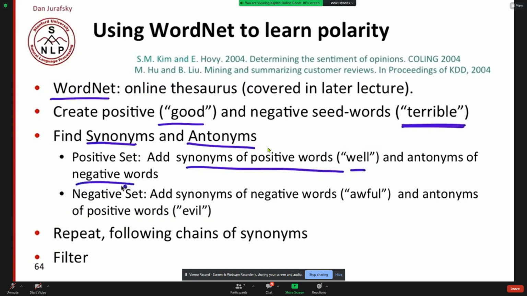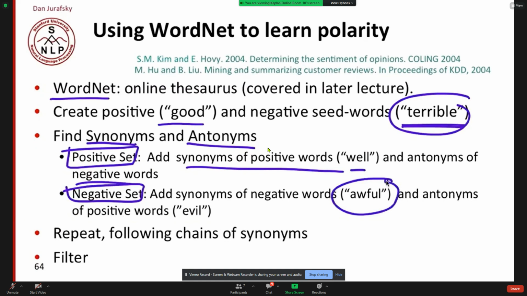So we add synonyms of positive words like well and antonyms of negative words to the positive set. Synonyms of all those words, so maybe awful is a synonym of terrible, and antonyms of our positive words to the negative set. We repeat, and the sets grow as we keep adding synonyms and antonyms to it.